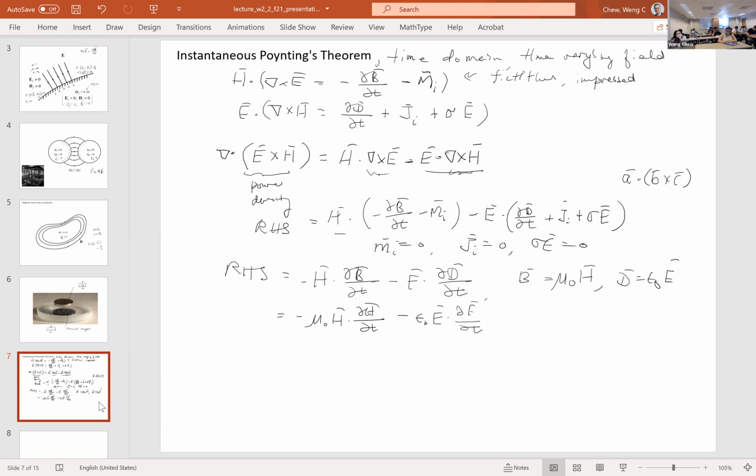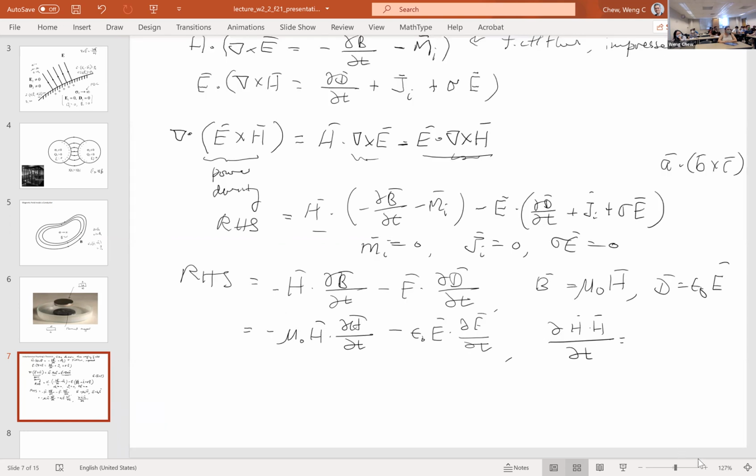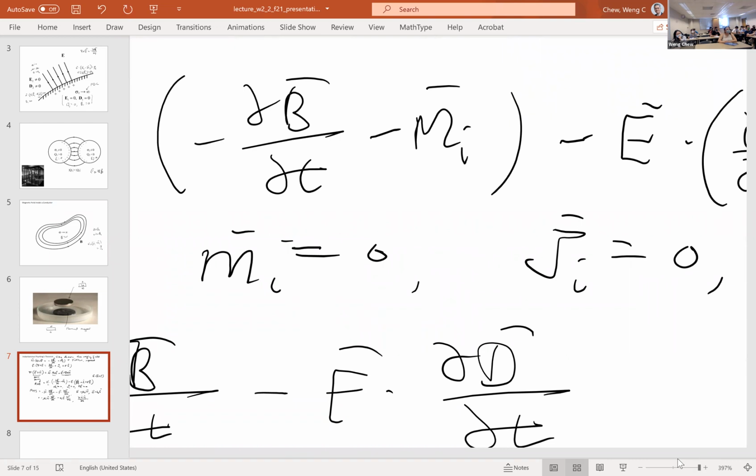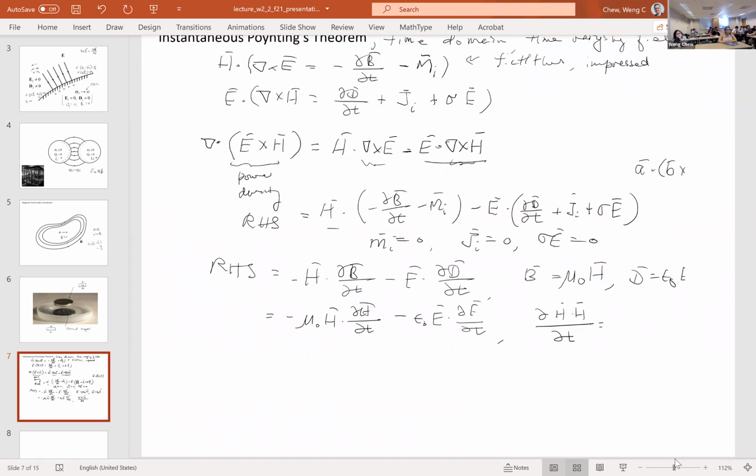But then this can be further simplified because we know that if you were to differentiate the product of 2 terms using the product rule, this will be just equal to H dot dH dt plus dH dt dot with H. Okay, where again you keep one constant, differentiate, and then you take turn to keep the other one constant and do a differentiation.